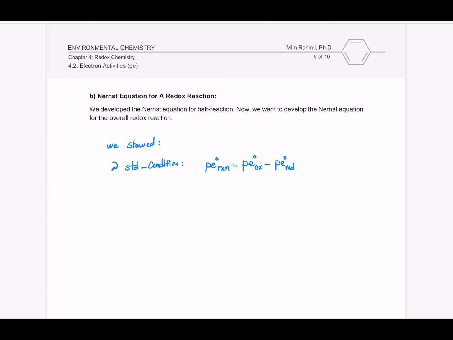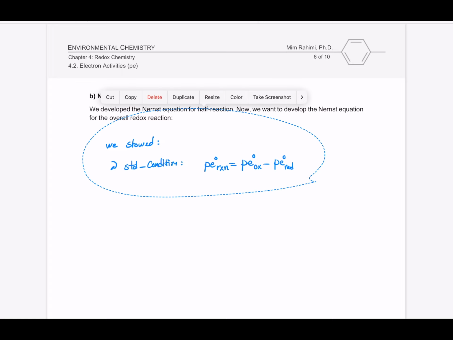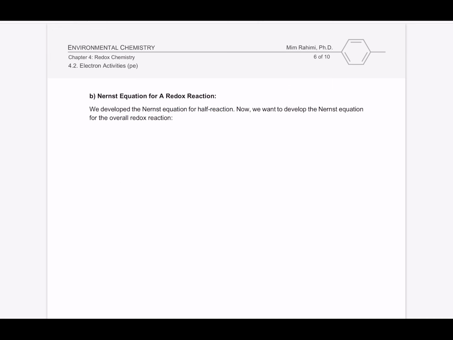Maybe it's too soon to talk about this. So first, let's assume the same reaction we have, the same reaction as in page 2.